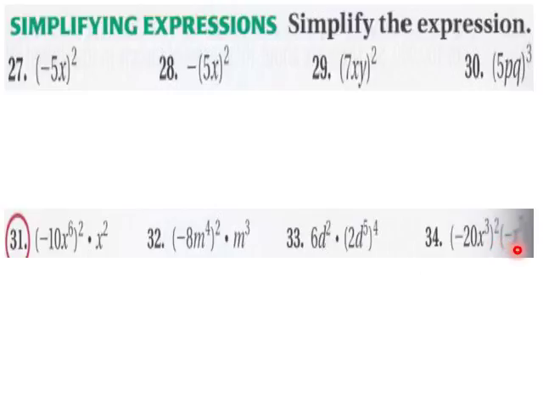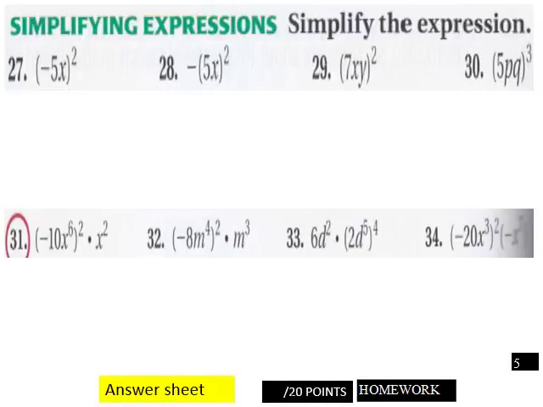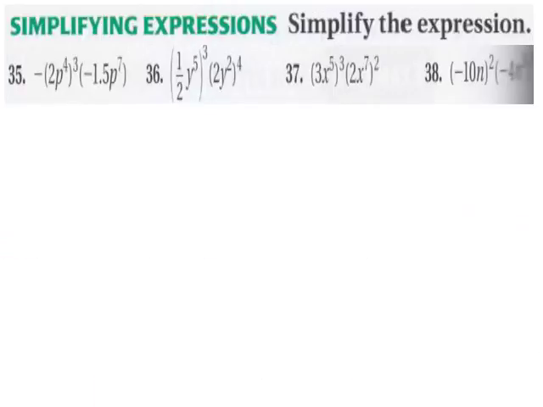This is negative x to the 7th power here. 20 points for that slide. And then simplifying expressions here. This is negative 4x cubed, parentheses, and then squared.